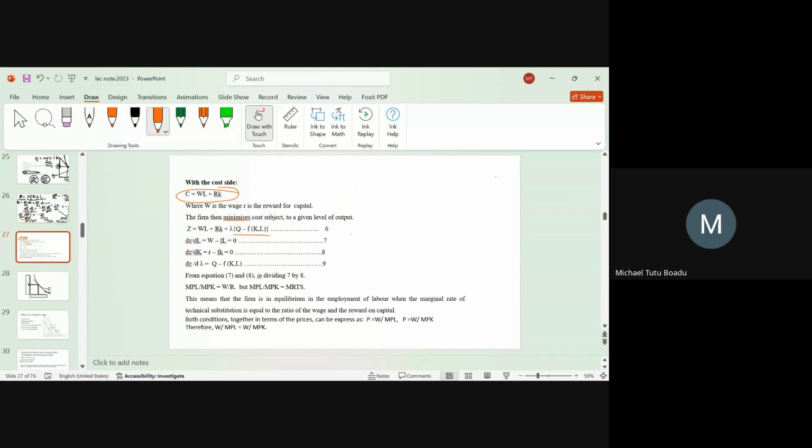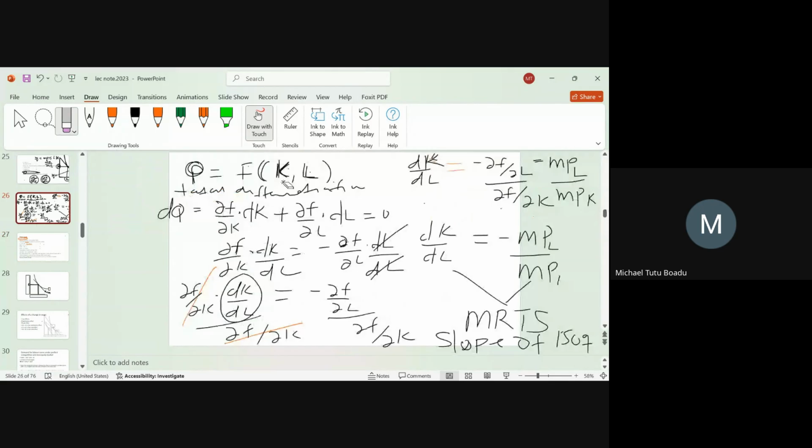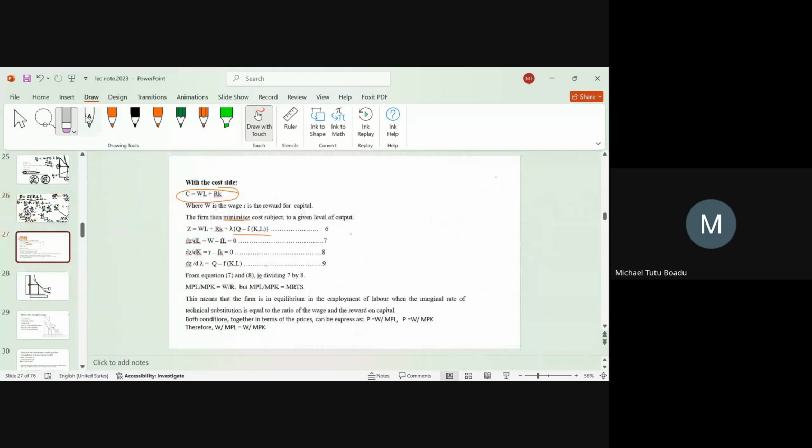Then we can solve and get MPL over MPK to be equal to W over R. So we also have to prove that. To do so, you have to set up a Lagrange function. So from here, we set up our Lagrange function.